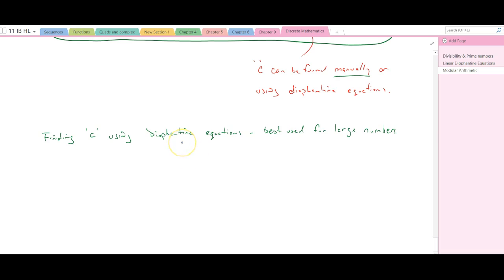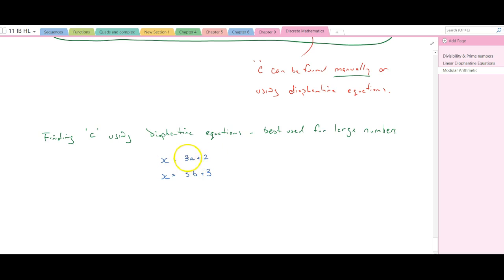So what we're looking to do here is that we've got two equations. X equals 2 mod 3 looks like that, and 3 mod 5 looks like this. This is remainder 2 when divided by 3.